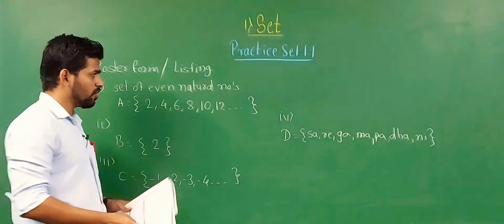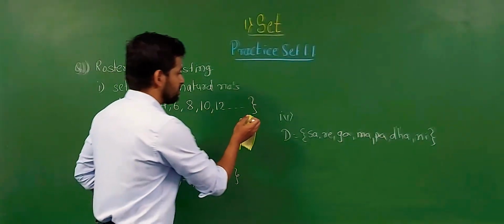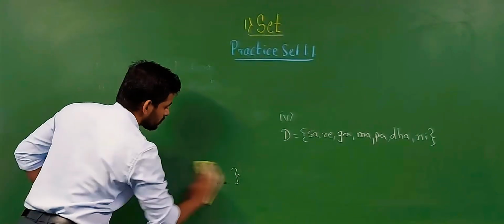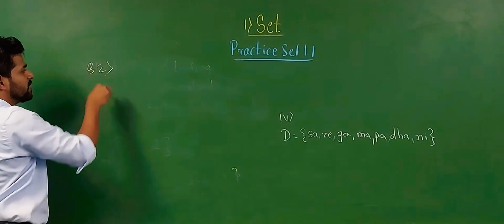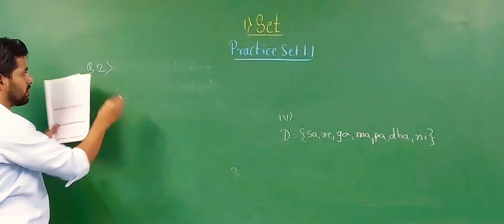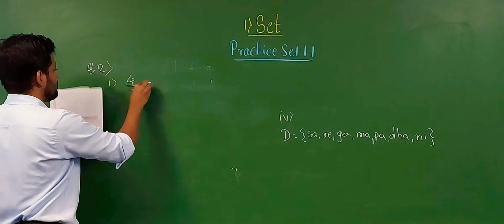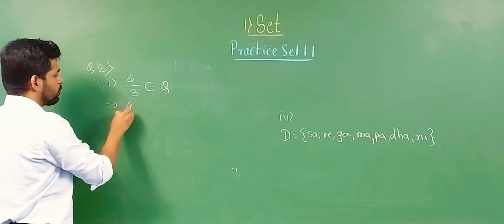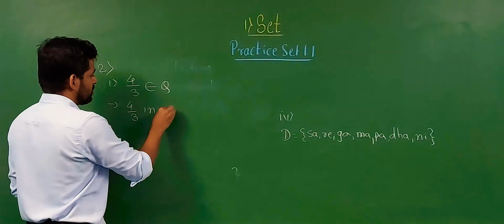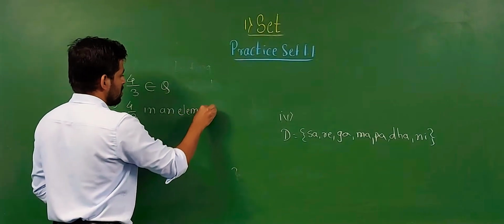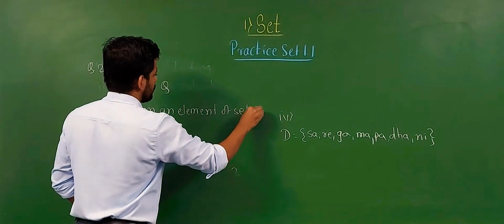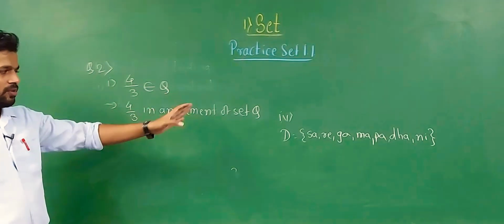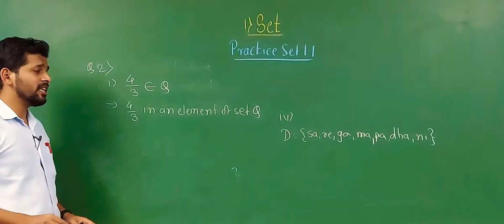Write the following symbolic statements. Question number 2: we write them in the form of statements in words. First one, 4/3, that symbol is used for 'is an element of', so 4/3 is an element of set Q. In set Q we take integers and rational numbers, but that is enough.